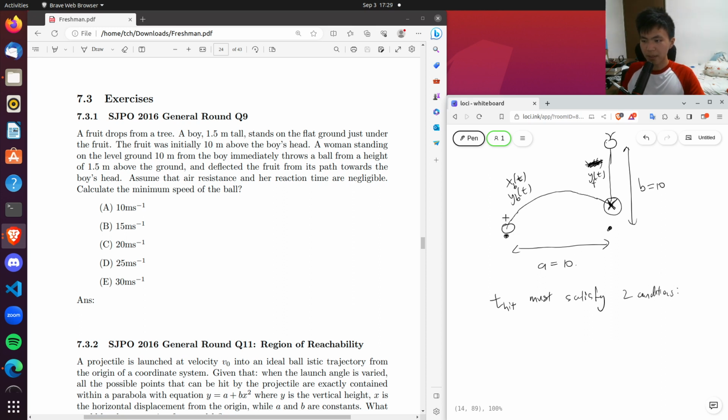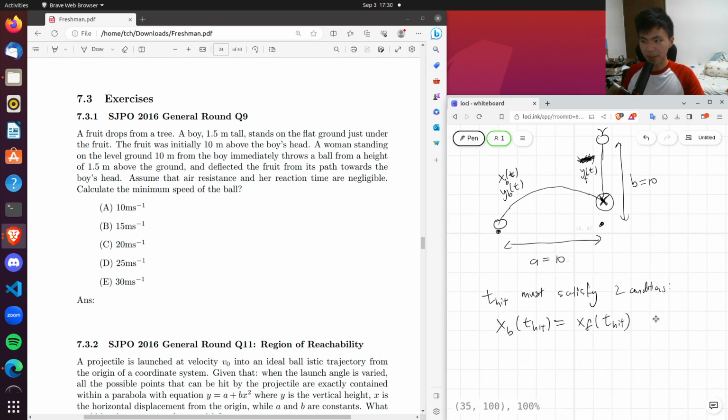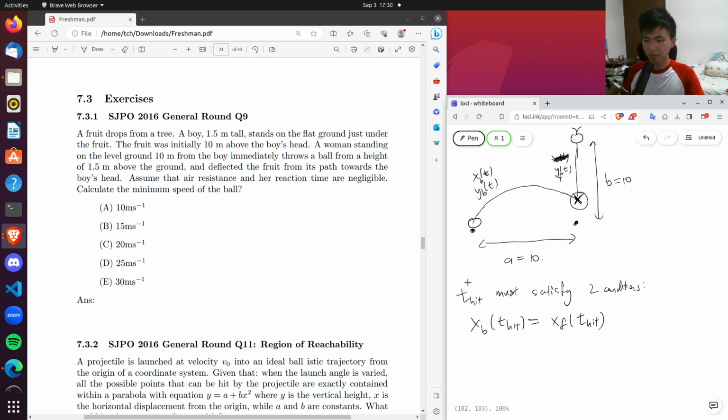One is that the x coordinate must match, and the other is that the y coordinates must match. So x of b at t hit must equal x of f at t hit: the fruit's x coordinate must equal the ball's x coordinate. The other condition is that y of b, the ball's y coordinate, must equal the fruit's y coordinate.